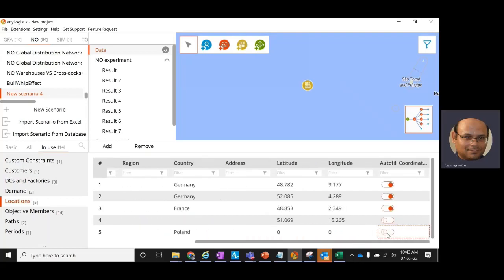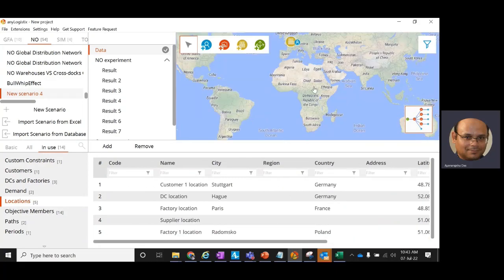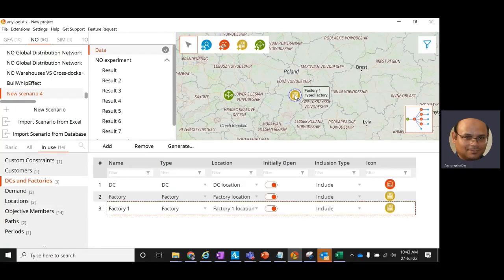Then we will set the auto field coordinates so that it automatically sets its coordinates to the particular location, and we see that this factory that we created as factory 1 got created in Poland.